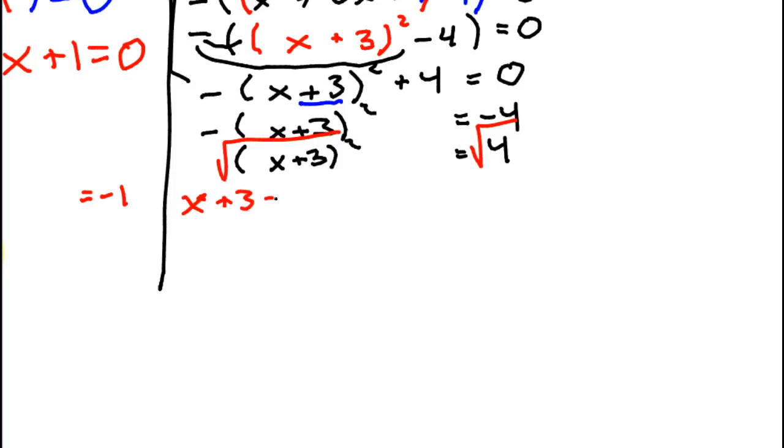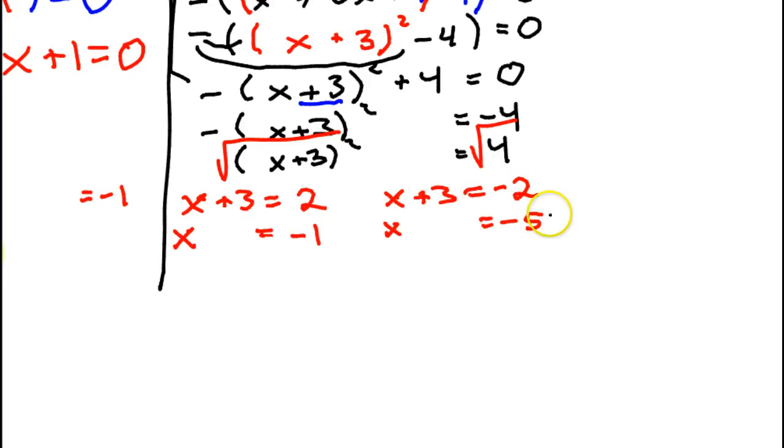X plus 3 equals 2, the square root of 4. But also x plus 3 must equal negative 2. So 2 minus 3 is negative 1, and negative 2 minus 3 is negative 5. So of course, it's the same two numbers we expected to get.